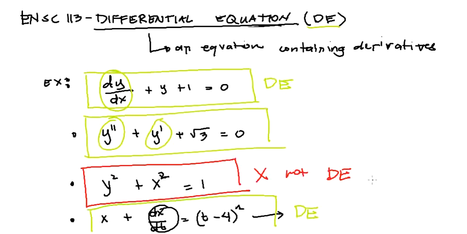Okay, so after the definition of the DE, it can also be classified by type, order, linearity, or by its degree. So let's move on to some terminologies.